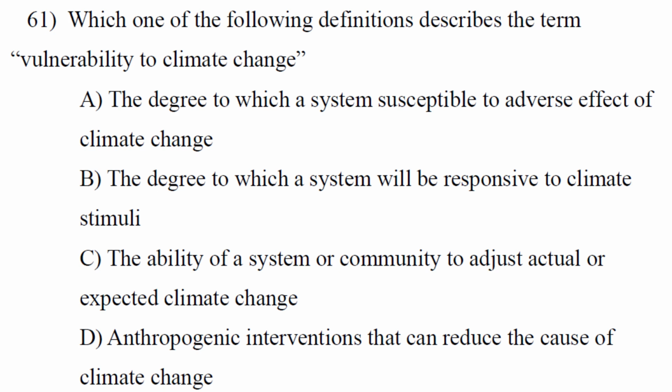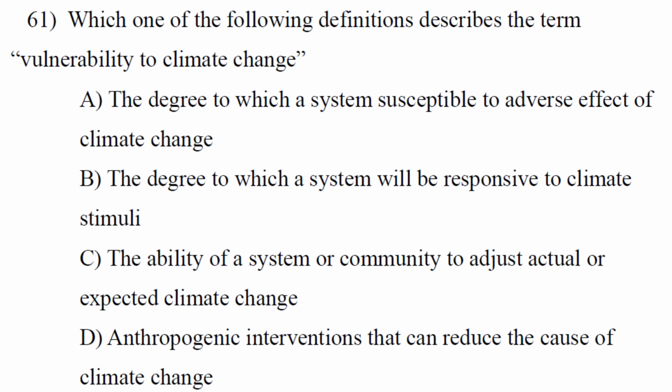61. Which one of the following definitions describes the term vulnerability to climate change? A. The degree to which a system is susceptible to adverse effects of climate change. B. The degree to which a system will be responsive to climate stimuli. C. The ability of a system or community to adjust to actual or expected climate change.